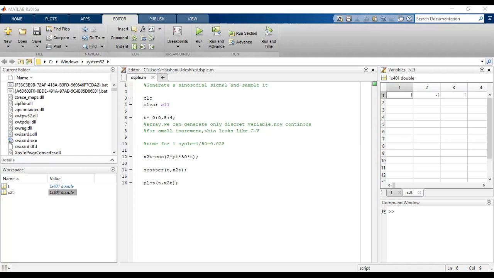Okay, at 0 you have 1, at 0.1 you have 1. So there are 1, 2, 3, 4, 5 cycles. Again after 5 cycles, you will have 0.2.